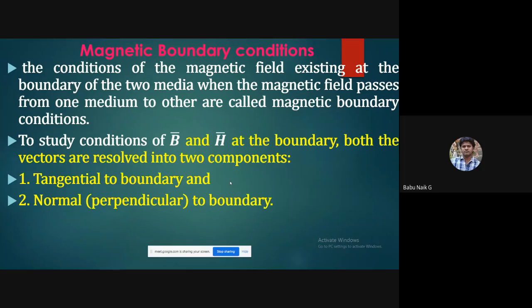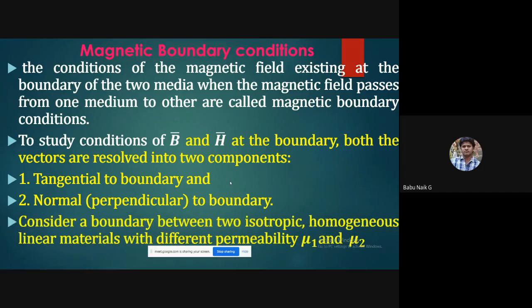So in magnetostatics we study what happens to the magnetic field and magnetic flux density on the boundary condition line.